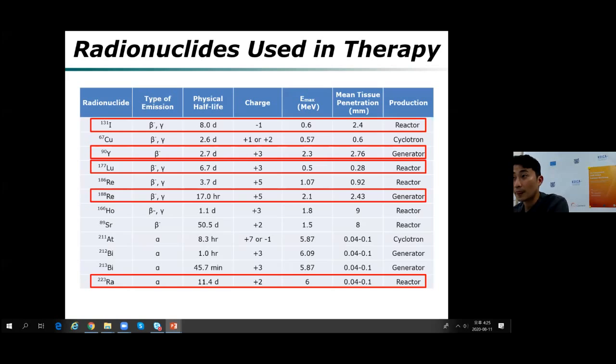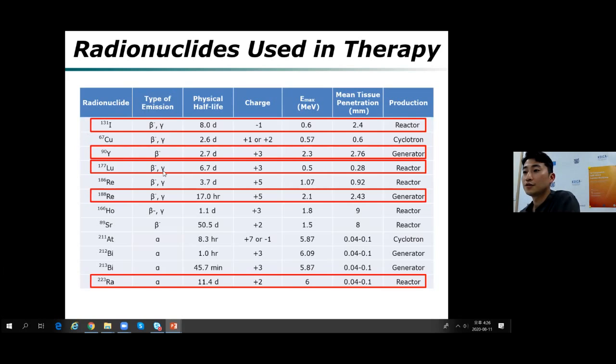This table shows radionuclides already used in therapeutic applications. Iodine-131 emits beta and gamma, so it is possible to take SPECT images and also to do therapy. Yttrium shows only beta emission, so it is possible only for therapy.